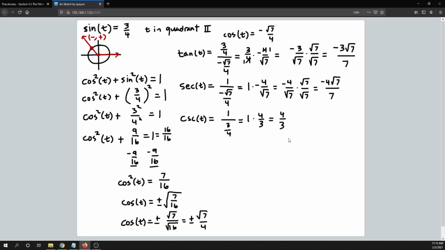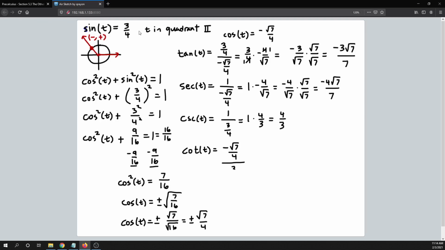All right, and let's see, what are we missing here? The cotangent. All right, cotangent is going to be cosine over sine, or x over y if you're thinking about it in that way. So the cosine was minus square root of 7 over 4. The sine was 3/4.